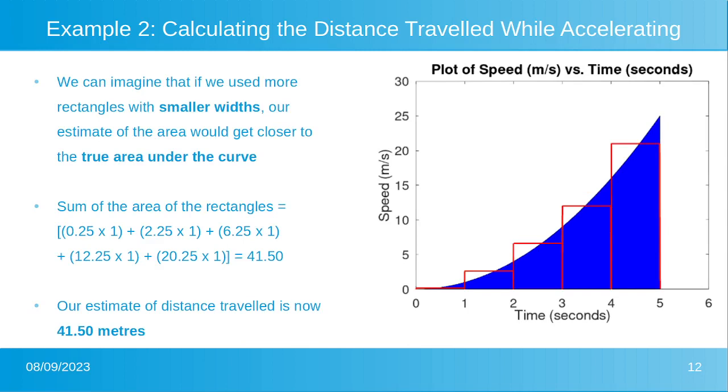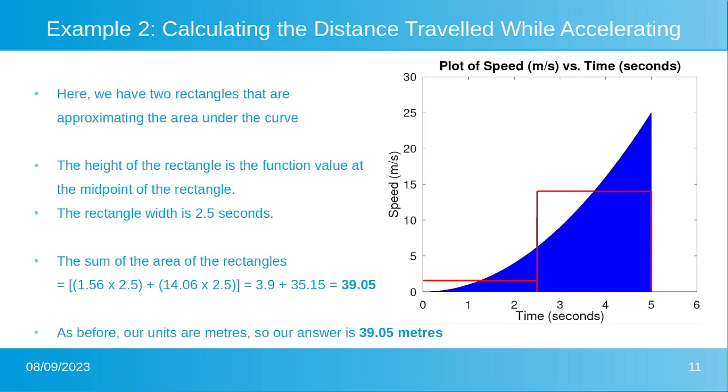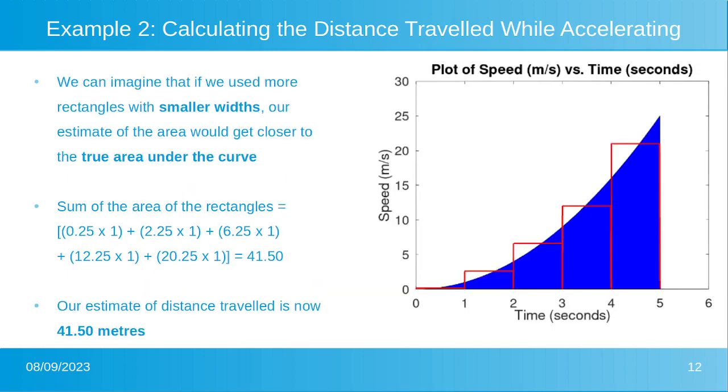Now, we can imagine that if we used more rectangles with smaller widths, our estimate of the area will get closer to the true area under the curve. Because when we look at that plot with the two rectangles, we can imagine that there may be some significant error involved in this approximation, that the area of a given rectangle may not match up exactly with the area under the curve that it's approximating.